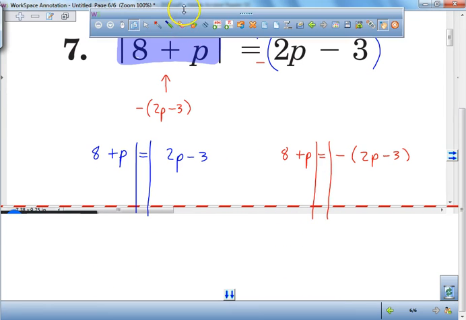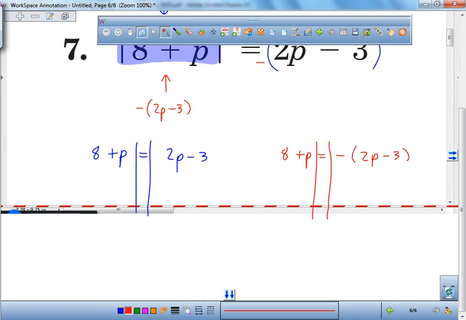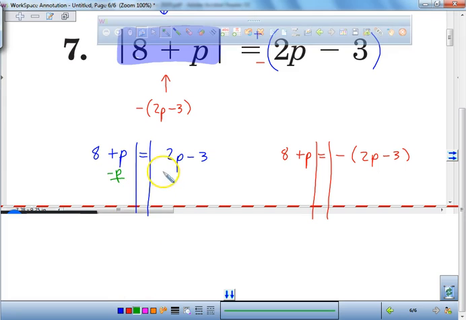All right, so now that we're working on this, we need to make a decision. Where do we want to have all of our variables? Well, since I have two p's over here and one p over here, all I'm going to do is just take away a p from this side and take away a p from this side, and 2p minus a p leaves us with 1p.